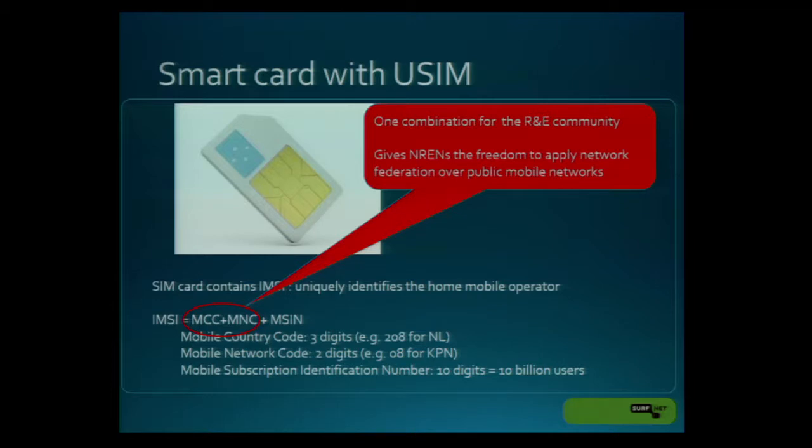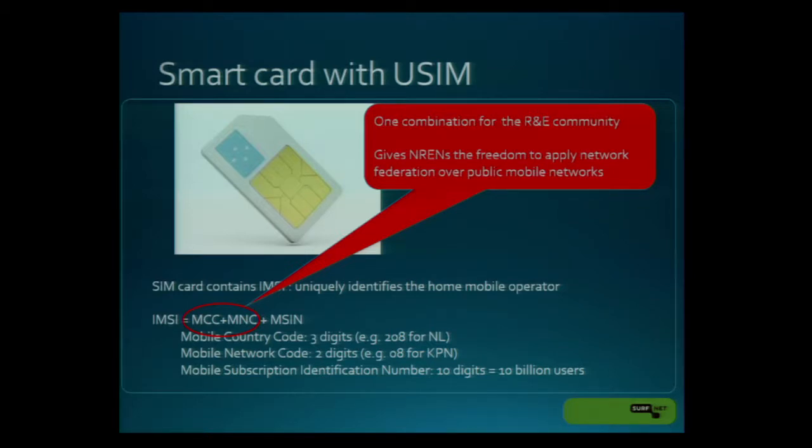And if you use these SIM cards, each NREN can choose its own mobile network operator to treat the traffic. And for that mobile network operator, it remains the same if you do it in the Netherlands, or in the UK, or in France, or in Luxembourg, or whatever. It sees the combination of 901, the international mobile network code, with the mobile network code assigned to the research and education community, and it routes it to its local NREN. So it doesn't need to be bothered with, oh, this is one for Janet, this is one for another NREN. It can be kept local.